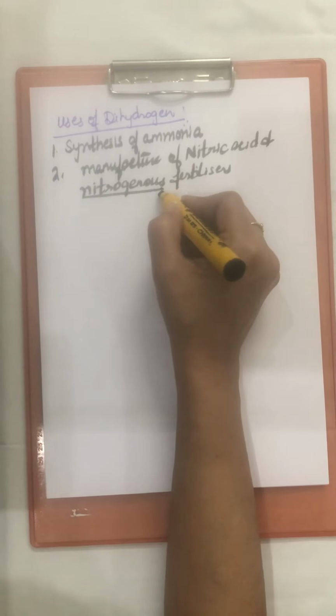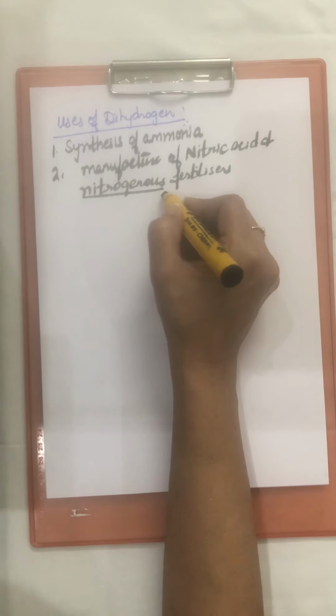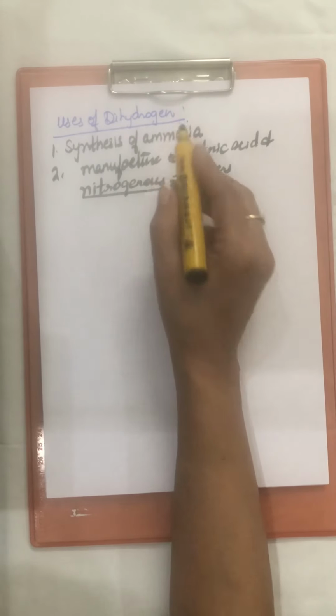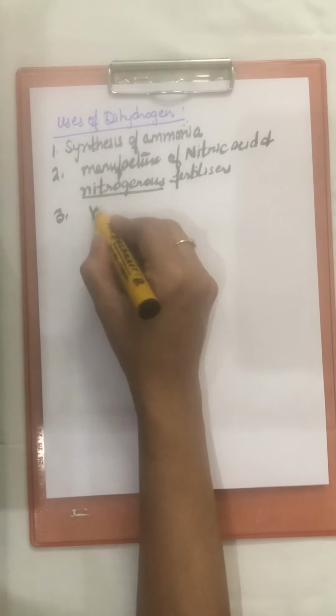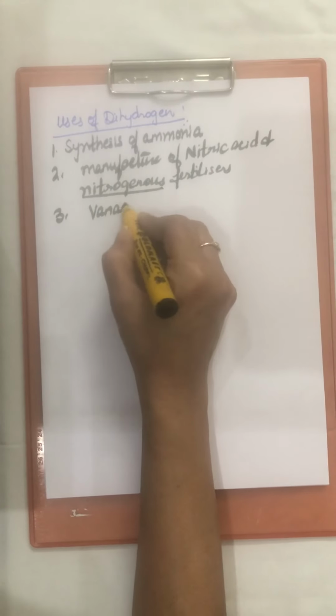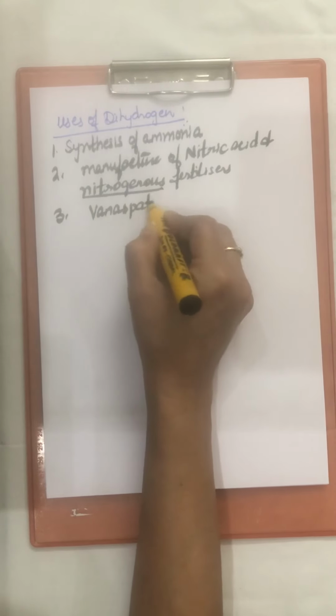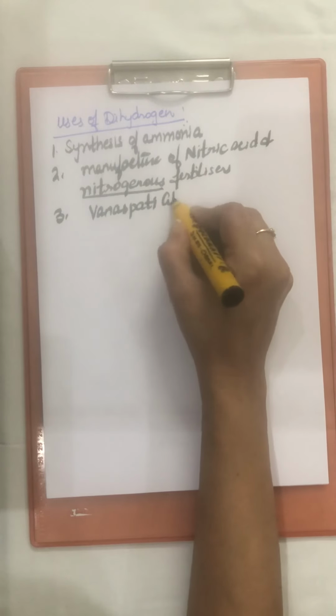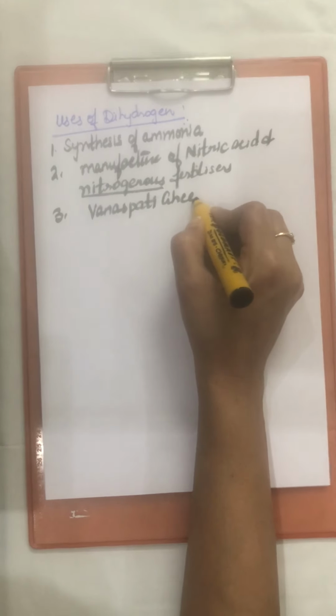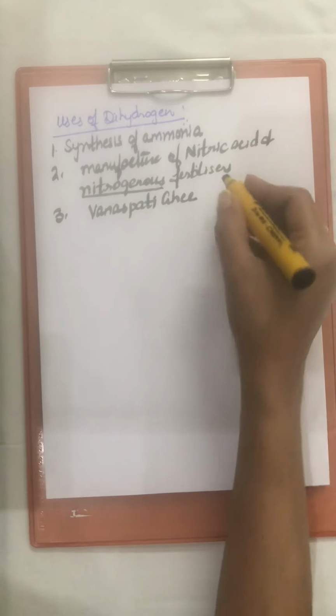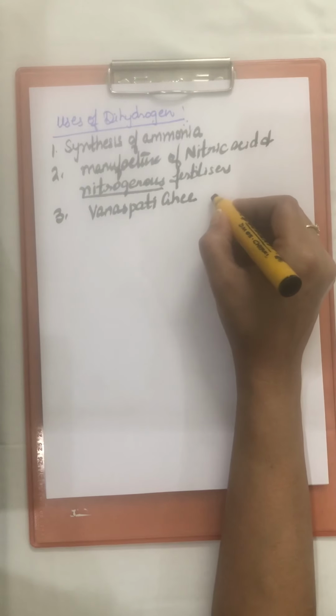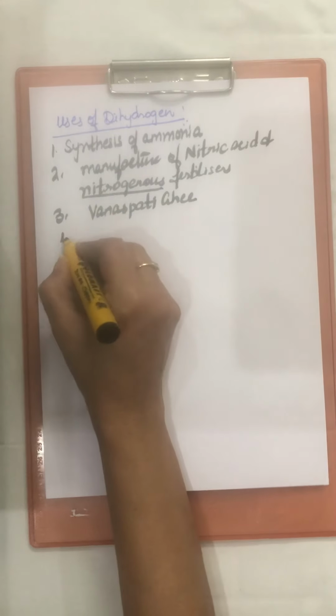In the synthesis of these fertilizers, dihydrogen is used. Third, in changing of vanaspati ghee. Vanaspati ghee is manufactured from hydrogen by doing hydrogenation of unsaturated hydrocarbons.